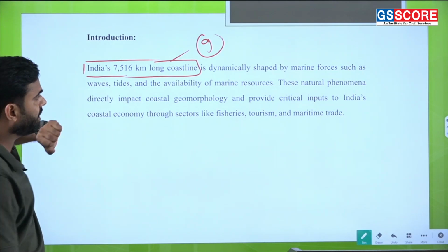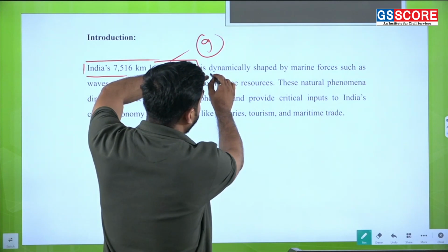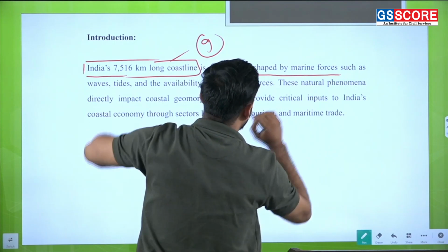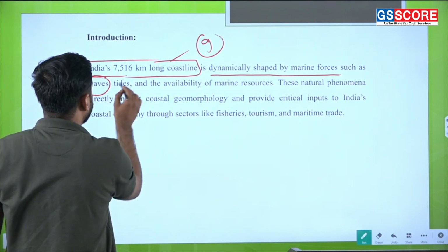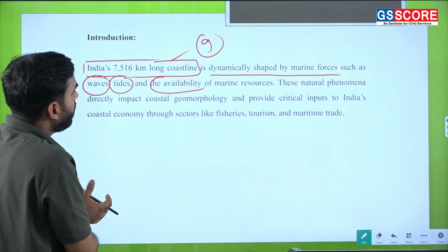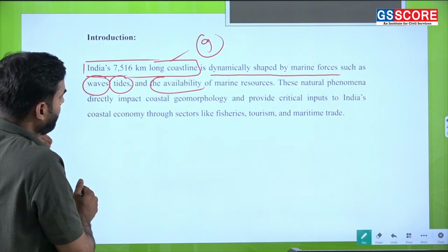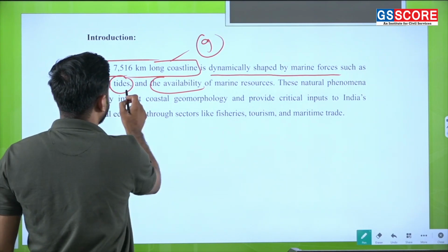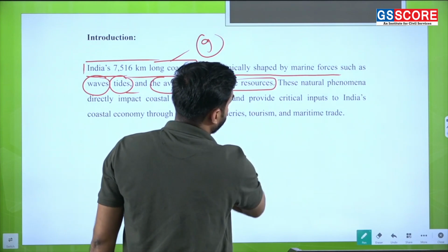And you have to add that it is dynamically shaped by marine forces. These are all marine forces, and as we know, we read all these marine forces in oceanography. Okay, so waves, tides, and the marine resources.